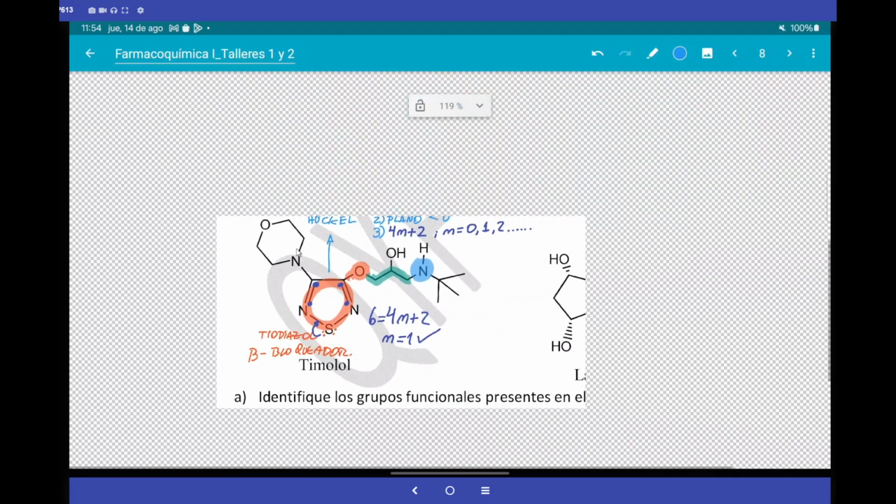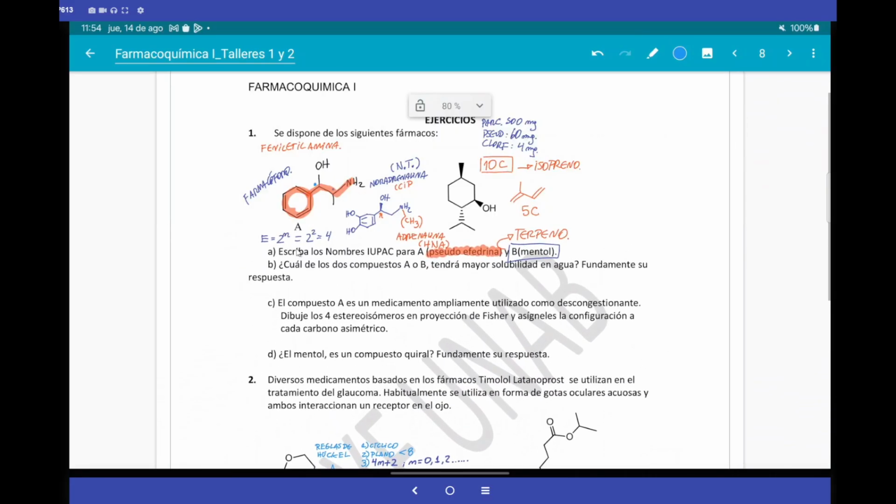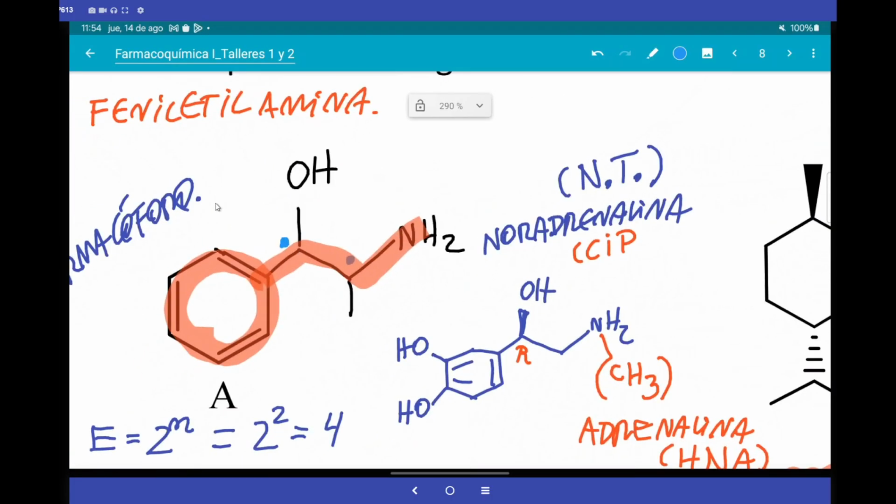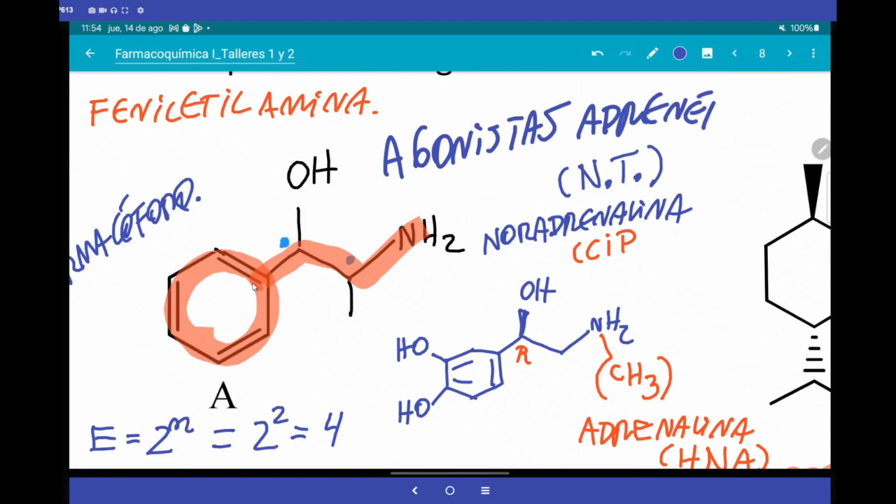Look at the conclusion when one has this structure, and here I introduce this new concept. Here is the natural molecule phenylethylamine. When we have this type of pattern, these molecules are adrenergic agonists, stimulants of the adrenaline receptors, of which there are several subtypes.